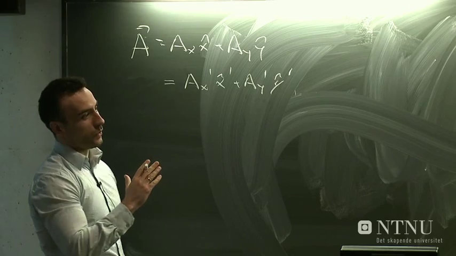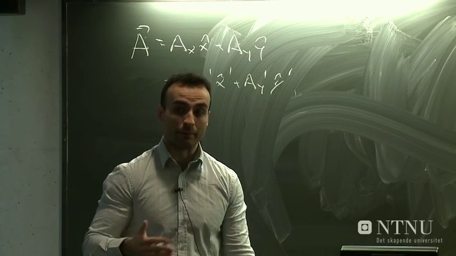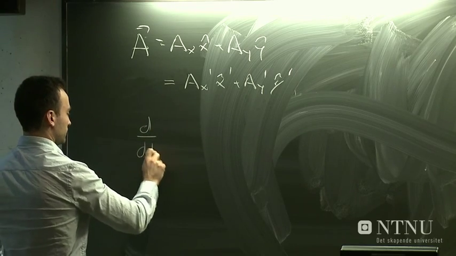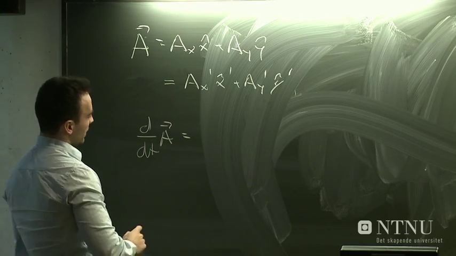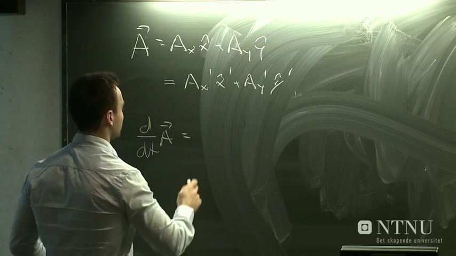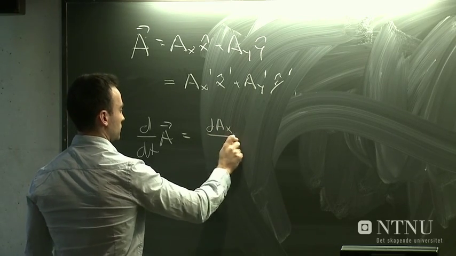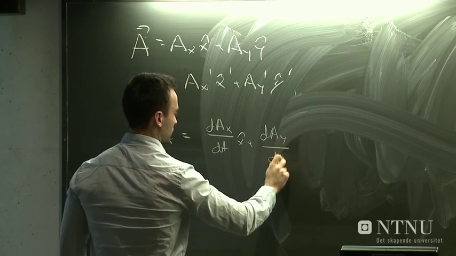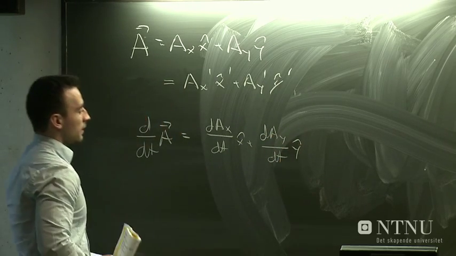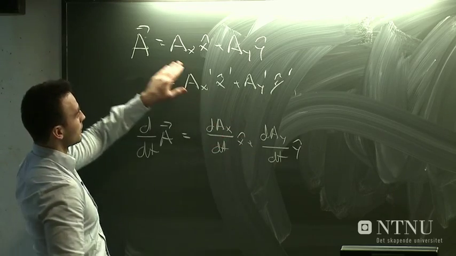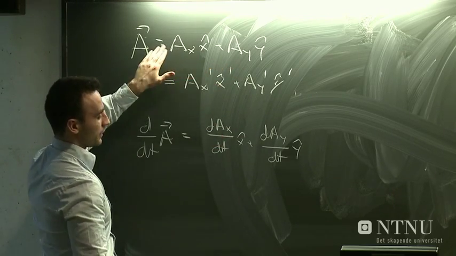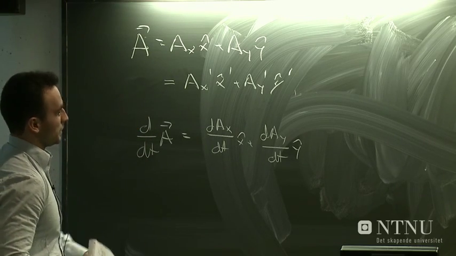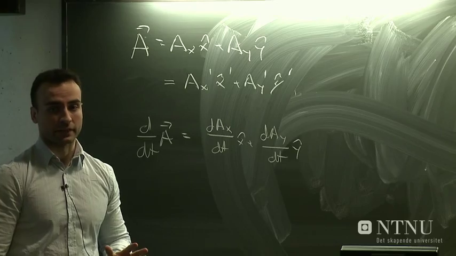So to understand why the time change of a vector will be different in these two coordinate systems, let's consider the time derivative of A, which will give this when we write the A vector in the following way. I'm just considering a two-dimensional vector here for simplicity.